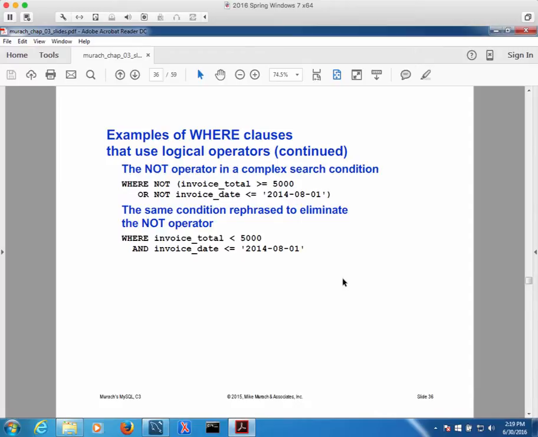Okay, so what's the lesson here? Well, there are two lessons. Lesson one is that nots can be confusing, and they're to be avoided when you can avoid them. And the other thing is a rule from symbolic logic called De Morgan's law.